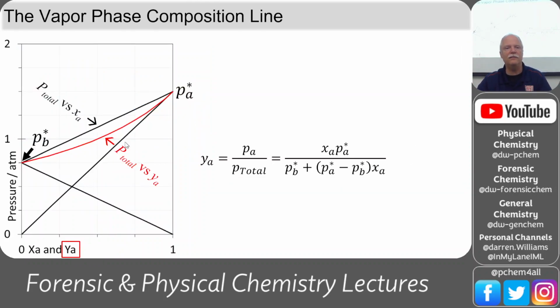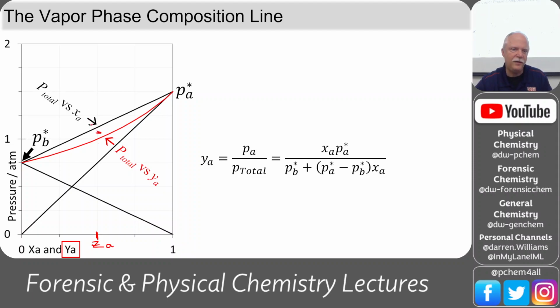Okay, let's look now at the vapor phase composition line. This is where it kind of breaks your brain a little bit. So let's pick a spot here and look at this, and we'll call this ZA. I'm going to get right here in this region, and I'm going to pick that spot right there.